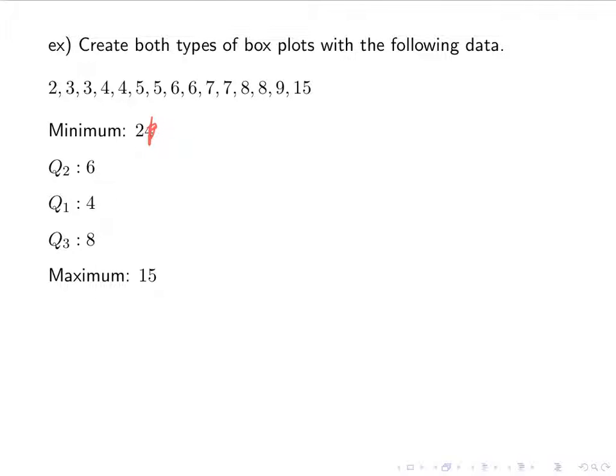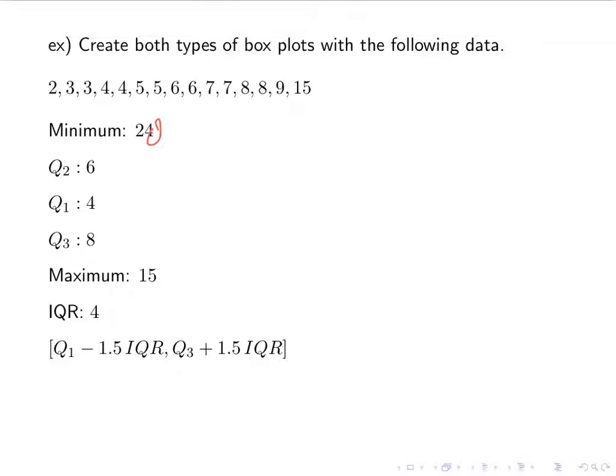The IQR is next. Remember, the IQR is Q3 minus Q1, so 8 minus 4 gives us the IQR, which is 4. The next thing we have to find, if we're going to do the second type of box plot, is that range that will tell us whether or not we have potential outliers.